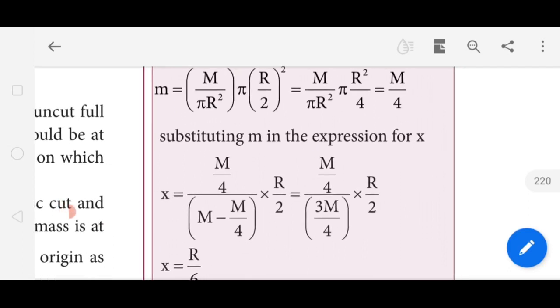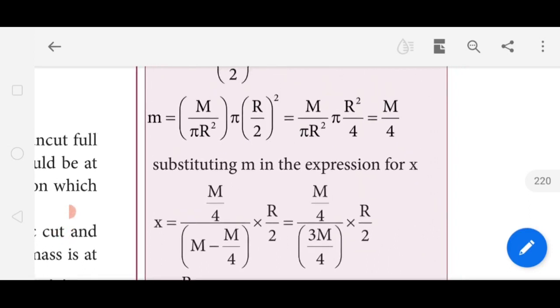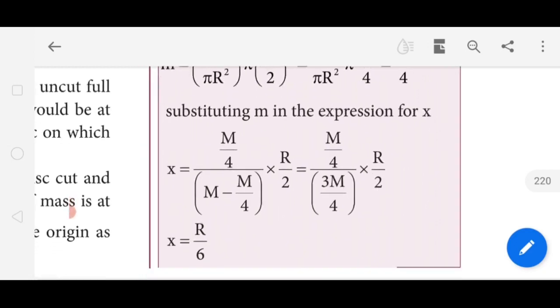It's a simple expansion, that means taking the square. So r by 2 whole square becomes r square by 4. And cancellation: in the denominator we have r square and in the numerator r square, pi also gets cancelled, so it becomes M by 4.